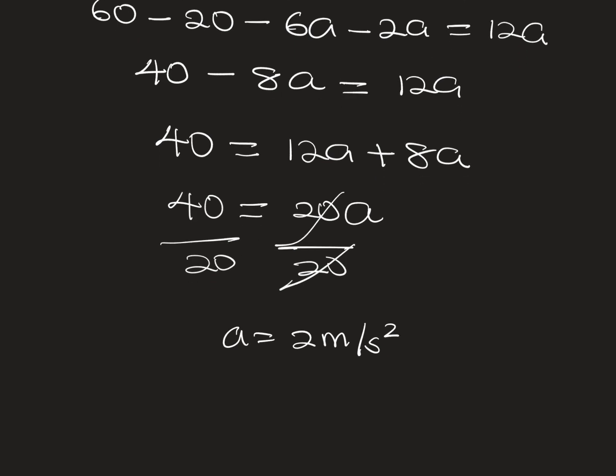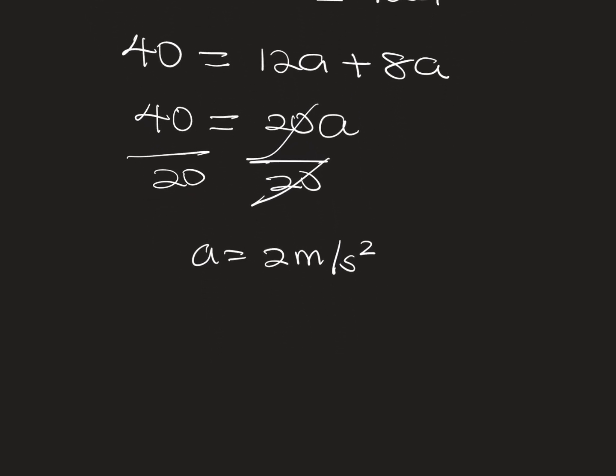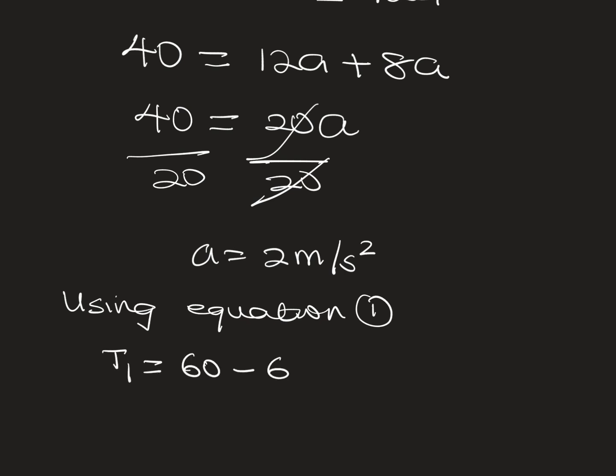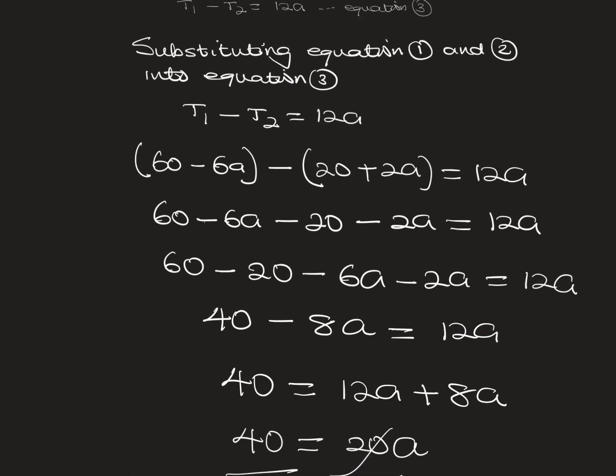To find the tension in the string, we can use equation 1, which is tension 1 is equal to 60 minus 6A.